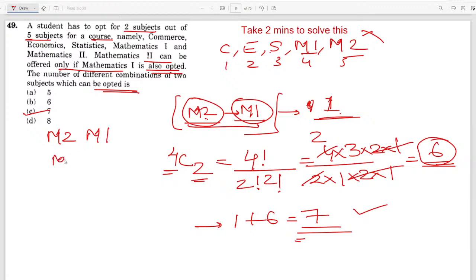Then you have M1 here. And then out of these 4 subjects, you have M1C, then M1E, M1S. Like this, you can note down the combinations. I hope this is clear.